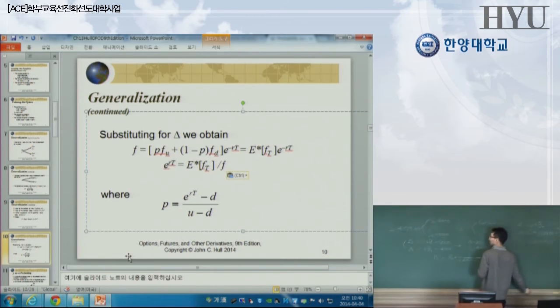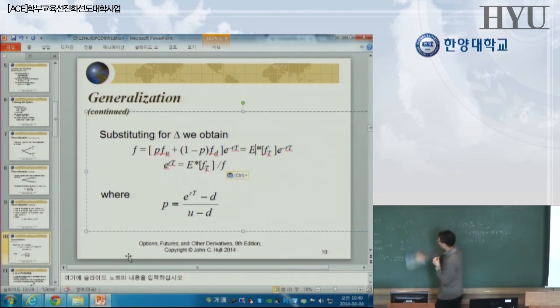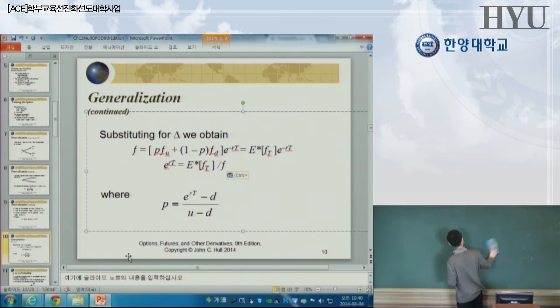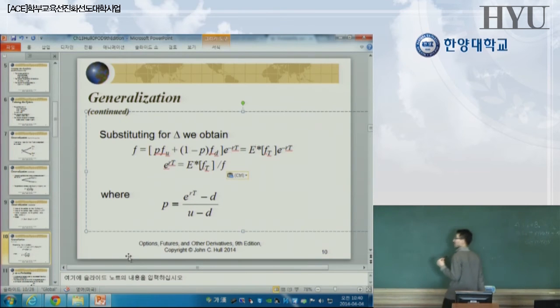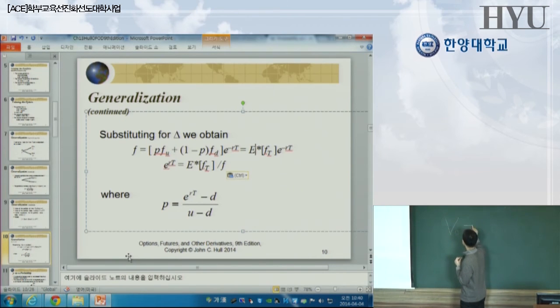In the risk-neutral world, in that hypothetical world, the general principle is that every asset's expected return is the same.